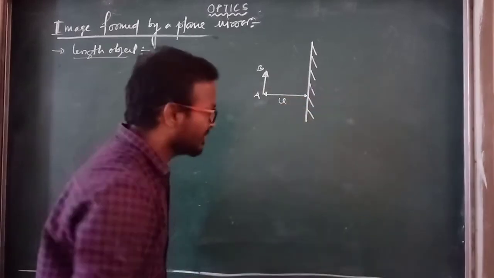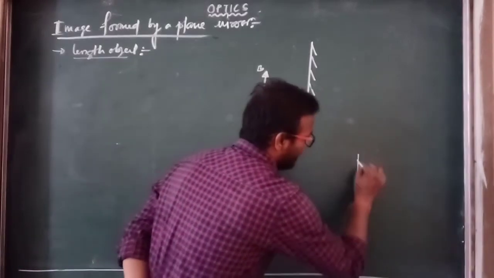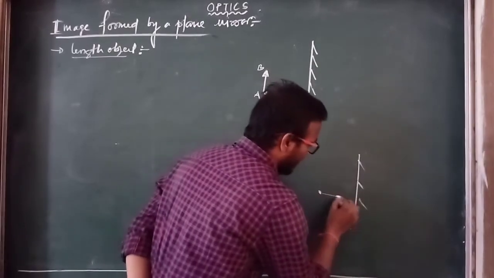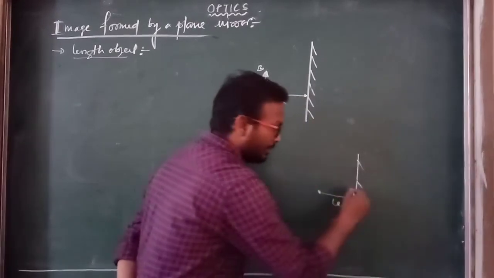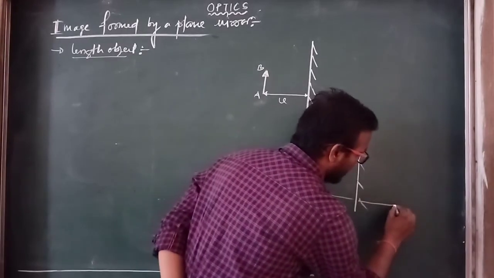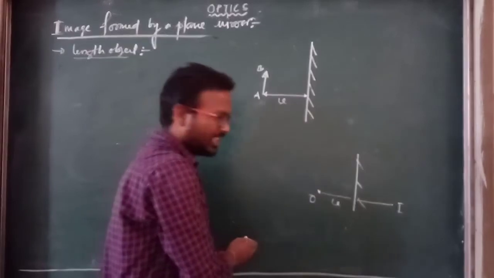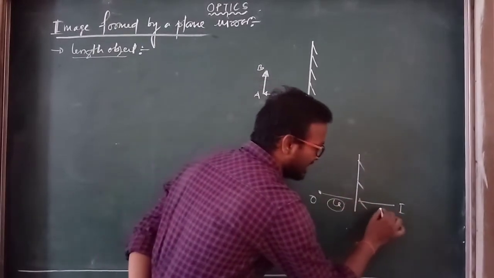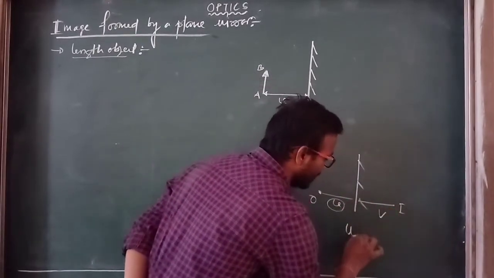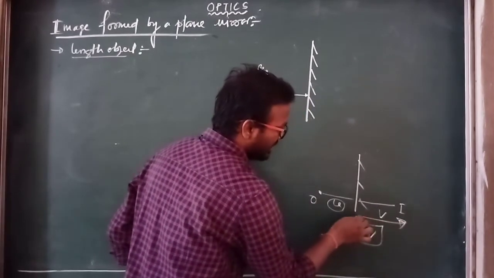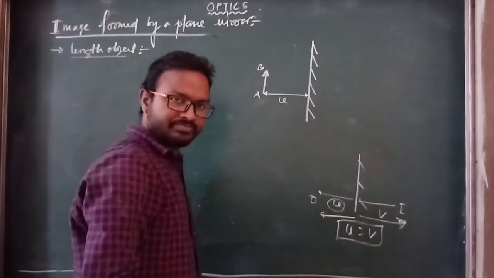We already know that if there is a plane mirror and a point object at distance u, then at the back side of the plane mirror an image is formed, at distance v. That means u equals v in magnitude, but they are on opposite sides, because distance is always measured from the plane mirror.